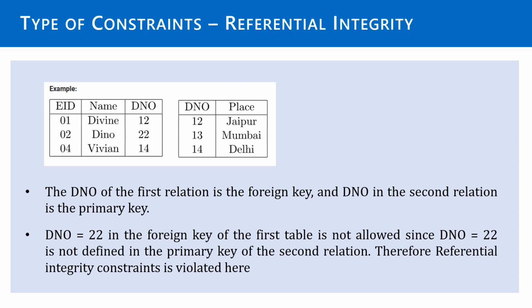Department number 22 in the foreign key of the first table is not allowed because this value is not there in the parent table. So there occurs a referential integrity constraint violation.